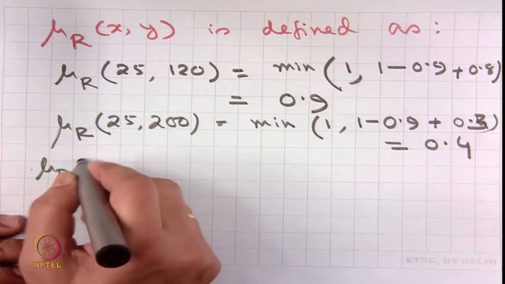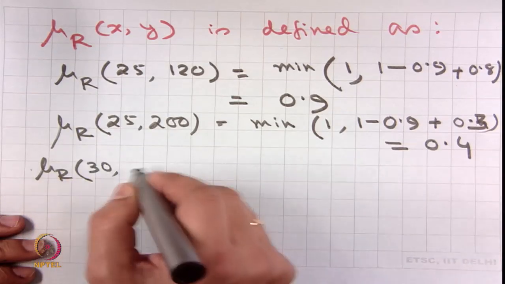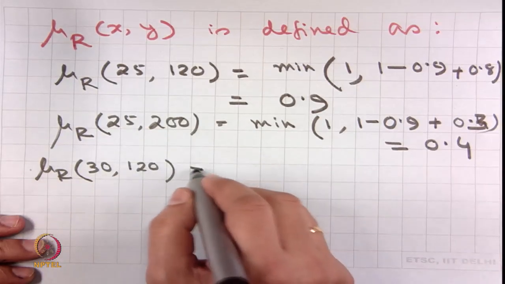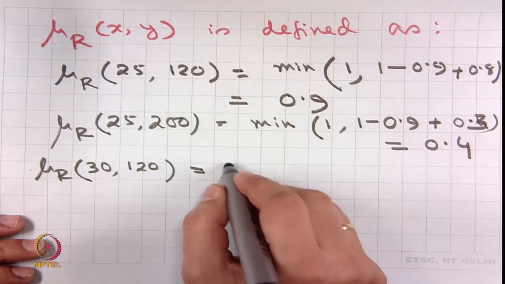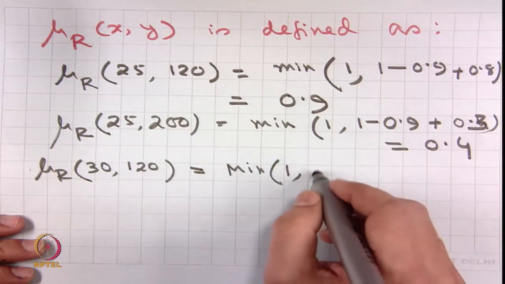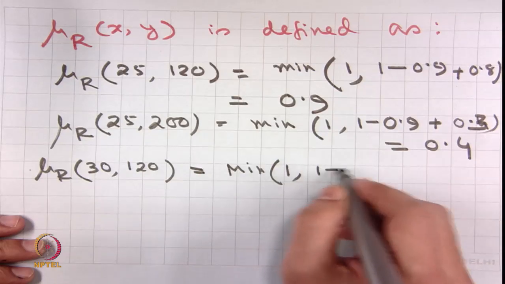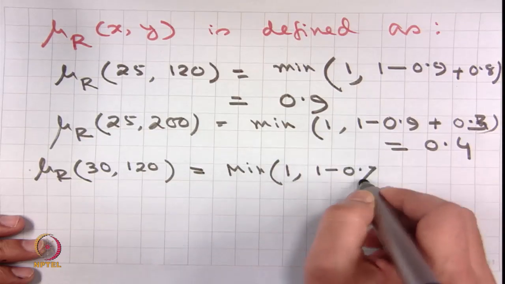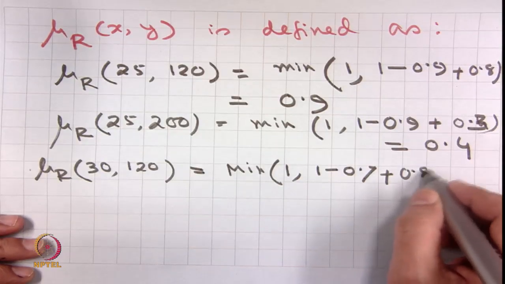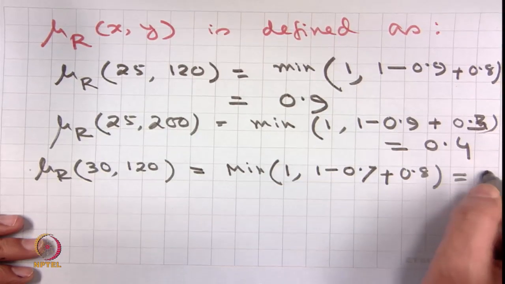Mu R of 30, 120 is equal to minimum of 1 and 1 minus 0.7 plus 0.8, which is equal to 1.